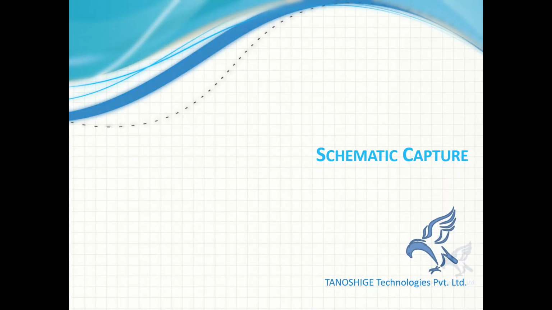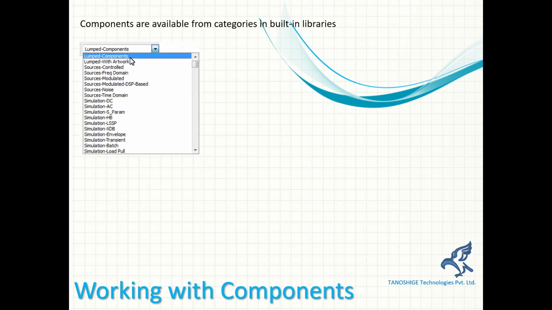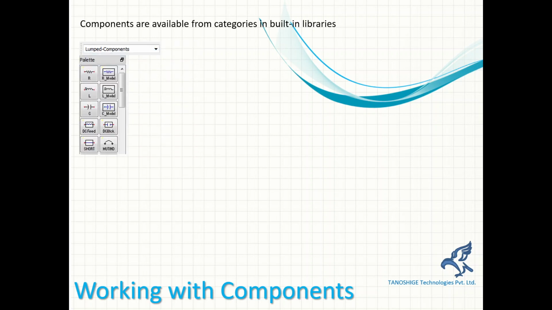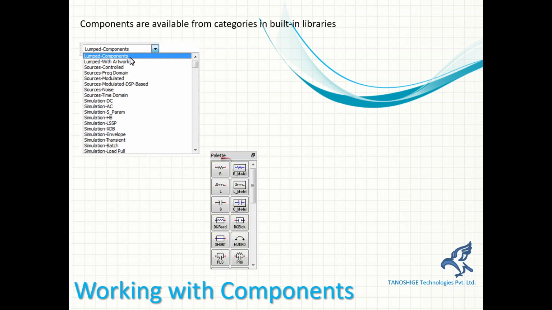Here, working with components: components are available from categories in built-in libraries, and these are called palettes. You can use a drop down menu to choose a certain palette. Once you have chosen a palette, it will show up like buttons on the left hand side, right? Then you can place components from these. So this is a resistor, for example.